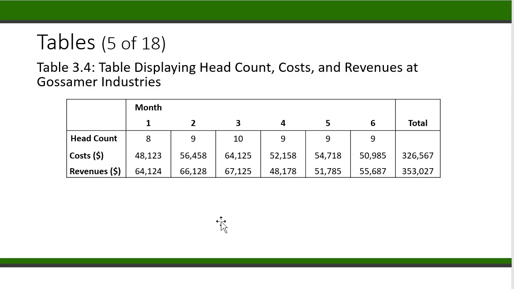Now, earlier we mentioned, what if the magnitude of what you're presenting is different from the values for the other items you're looking at? An example here might be the head count. We'd like to know how many employees, or some number that varies as we're looking at costs and revenues.